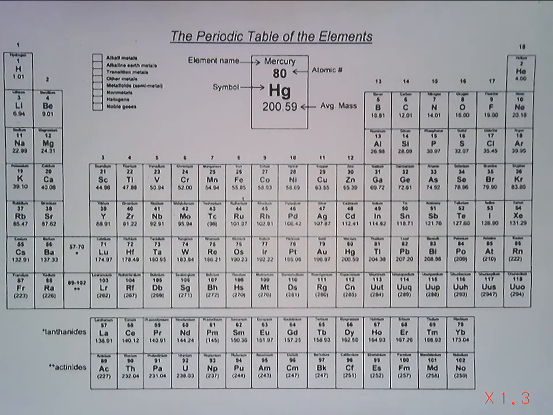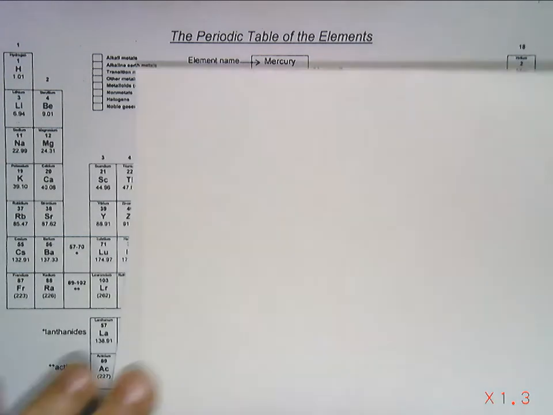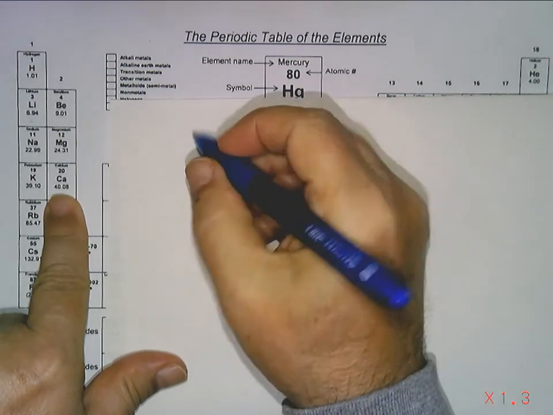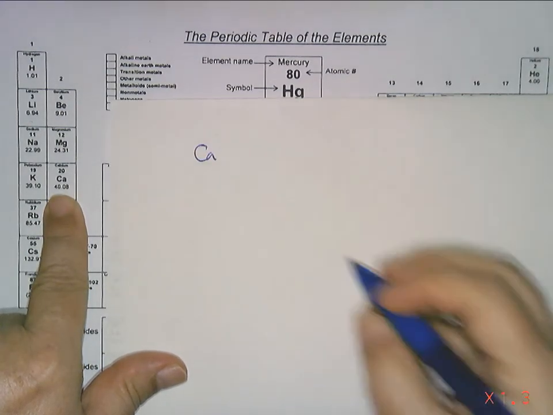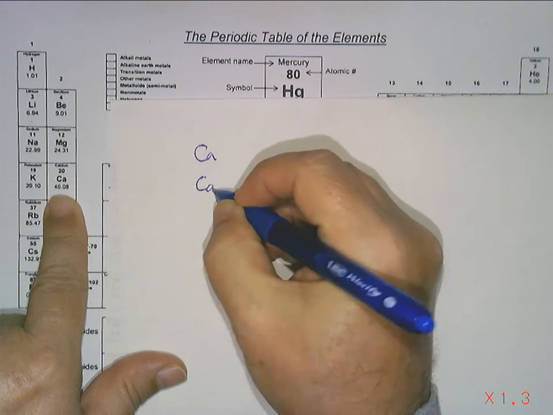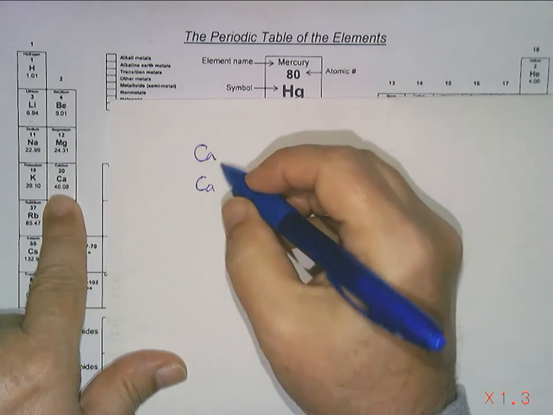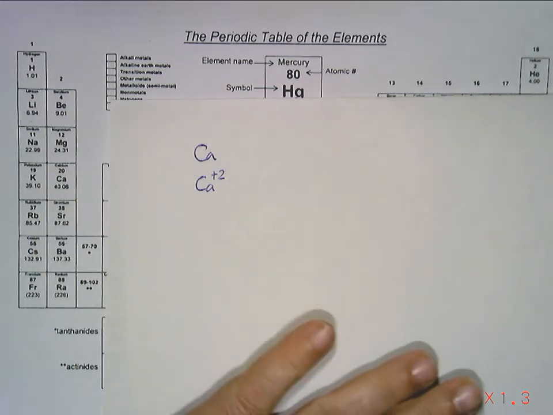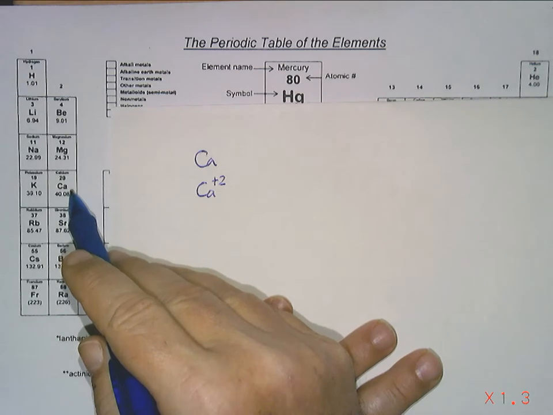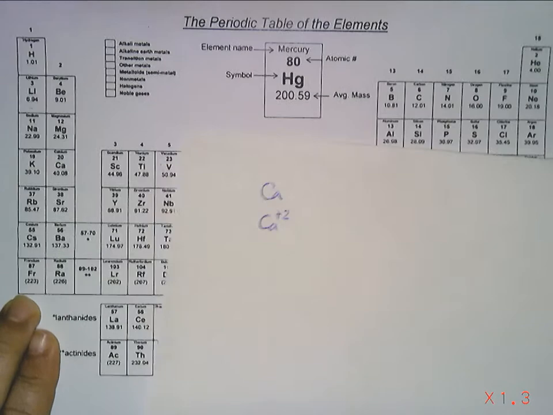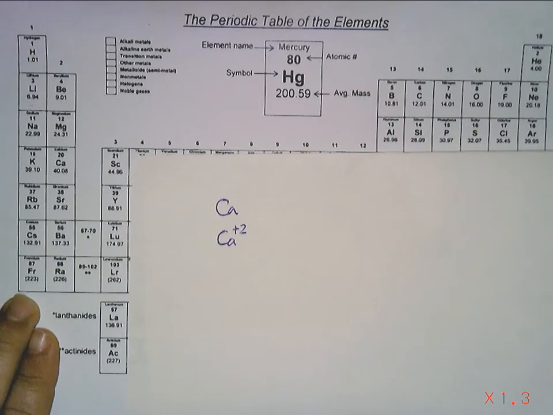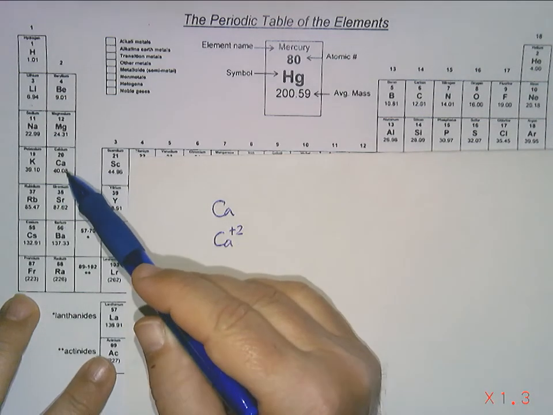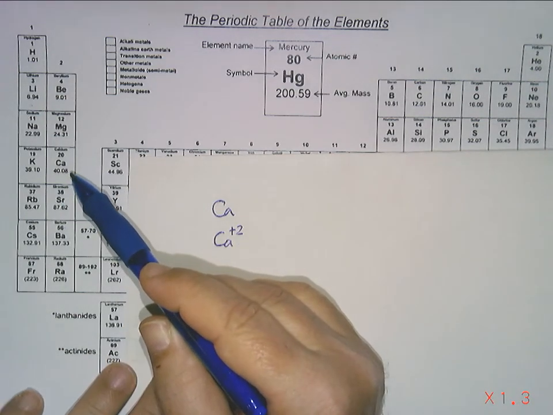Let's do a couple more ions. Suppose I have calcium, and I want to do a Lewis structure for calcium and also a Lewis structure for the calcium ion. Now, I know from previous worksheets that calcium forms a +2 ion. If I do a Lewis structure for this, how many valence electrons does calcium have? Well, calcium has got an argon core. There's argon, the end of the previous row. But it's in the second column, so it forms a +2 ion.